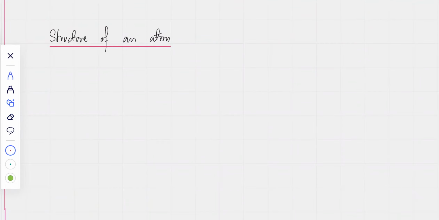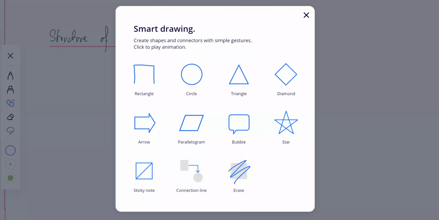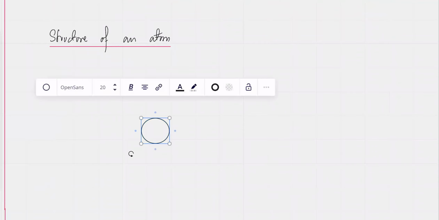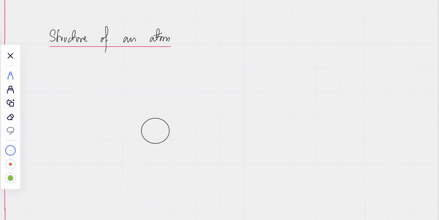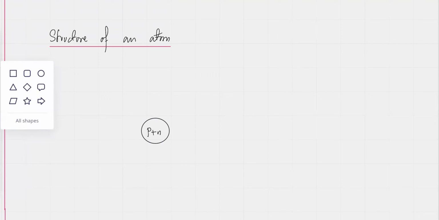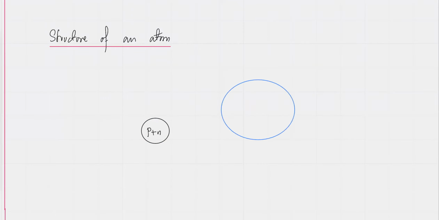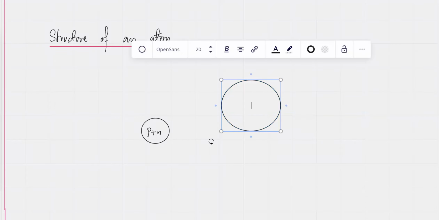So, what is the structure of an atom? The structure of an atom is that you have a nucleus, and it's always, an atom always has a nucleus. And the nucleus has protons and neutrons present in it. And then you've got your electrons that are revolving around, and they are in shells.